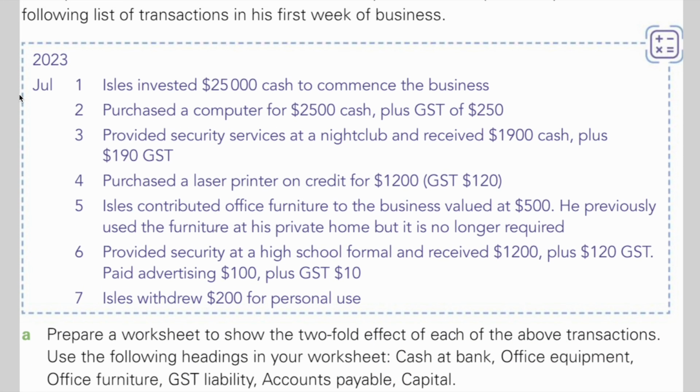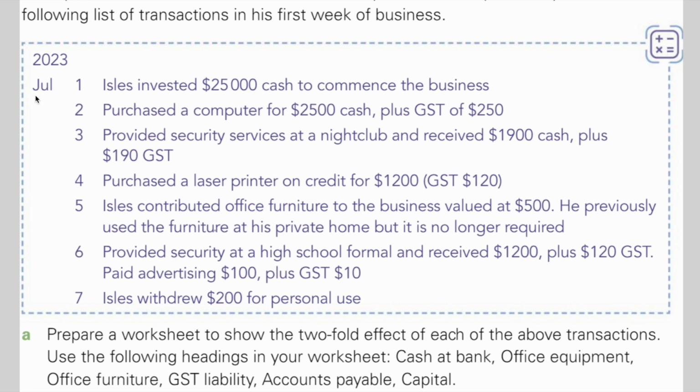So we're supposed to prepare a worksheet to show the twofold effect of each of the following transactions. Use the following headings in your worksheet: cash at bank, office equipment, office furniture, GST liability, accounts payable, and capital. So the general trend with these headings is that they're either split up into an asset or liability, or an equity in this case.